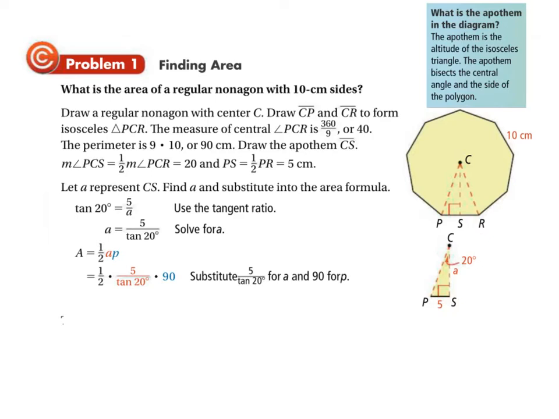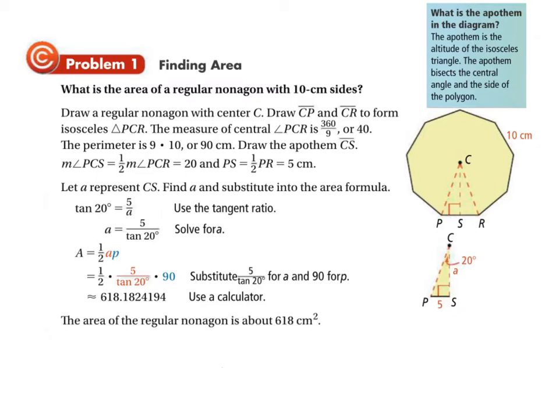Since the formula for area of a polygon is 1/2 the apothem times the perimeter, here's the 1/2. Here's the apothem in terms of the tangent function, which is just a number, times the perimeter, which we found out: sides are 10, there are 9 of them, total of 90. When you calculate that out using your calculator, you get approximately 618 point something.